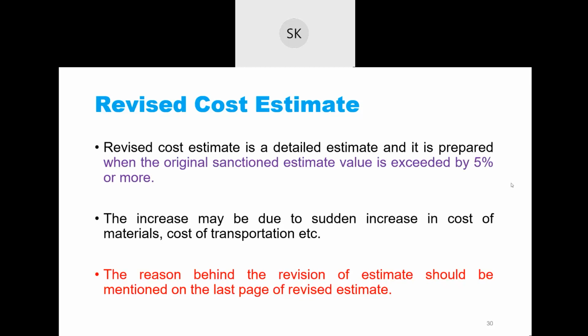Clear? The increase may be due to a sudden increase in the cost of materials, cost of transportation, etc. The reason behind the revision of the estimate should be mentioned on the last page of the revised estimate. So why you have revised the estimate, you have to mention the reason, so that they can approve the new estimate.